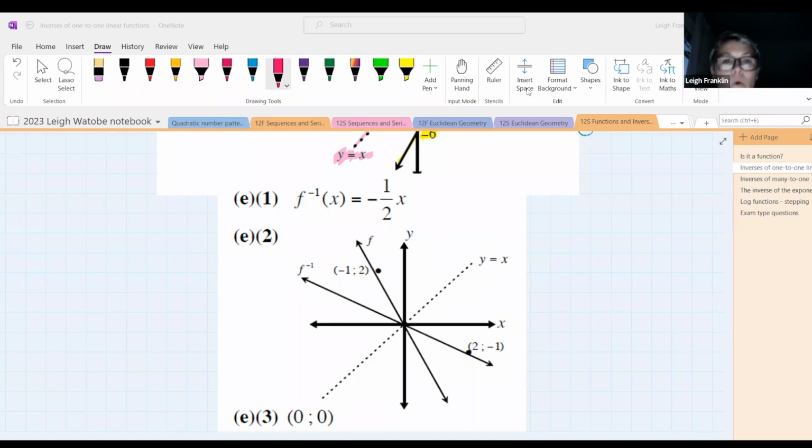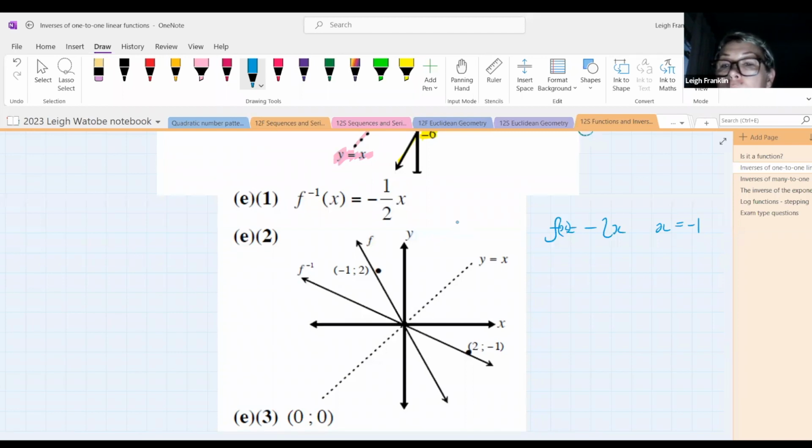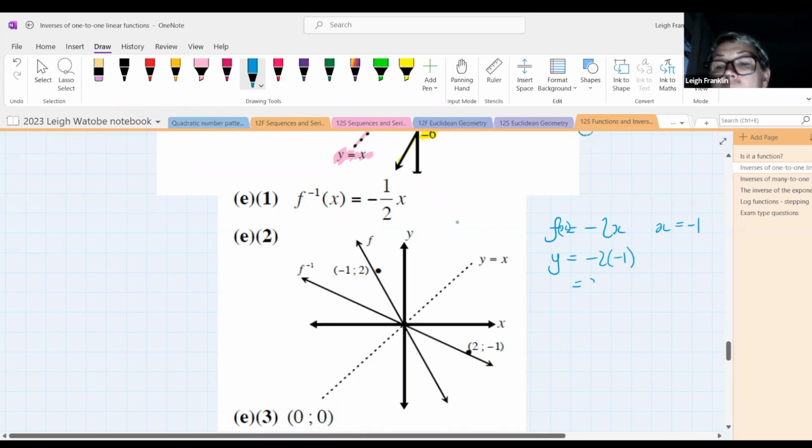All right, so what we've done here is that we've used an input of -1. Our original function f of x is equal to -2x, right? So I chose x to be equal to -1. When I subbed in and worked out what y is equal to, -2 times -1, that gave me 2 as an answer. So that's why I have -1 and 2.